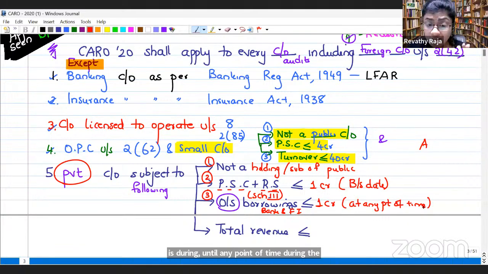So guys, listen, even if there is an outstanding of more than 1 crore for a week or a day, theoretically speaking, CARO will be applicable. Even for 1 day, meaning all 365 days, it should not exceed 1 crore. If it exceeds, you won't get the exemption, and CARO will be applicable. Can we go to 4?